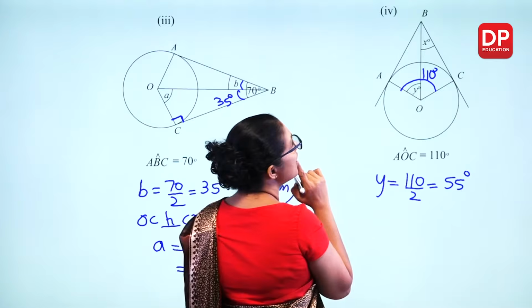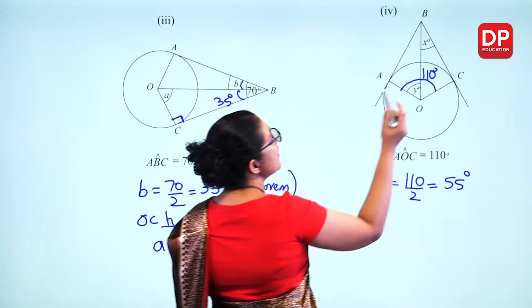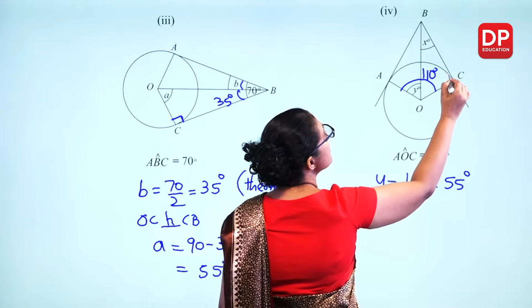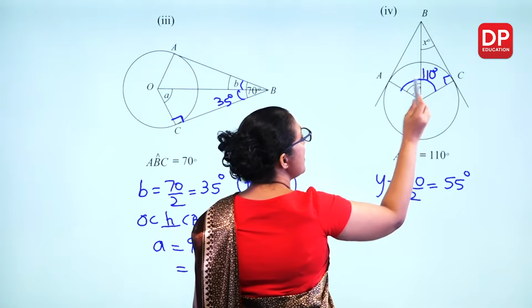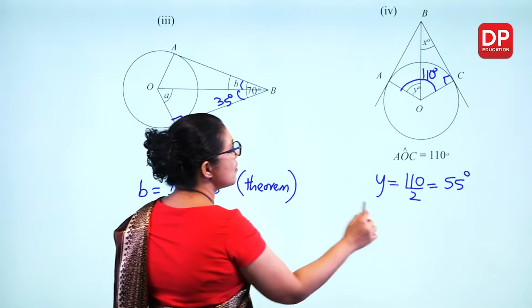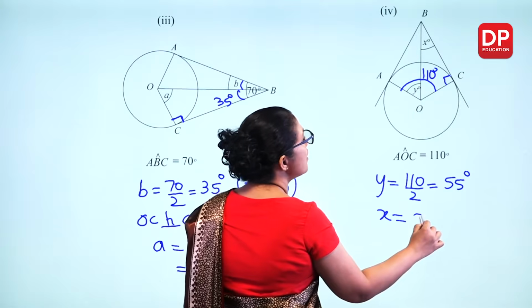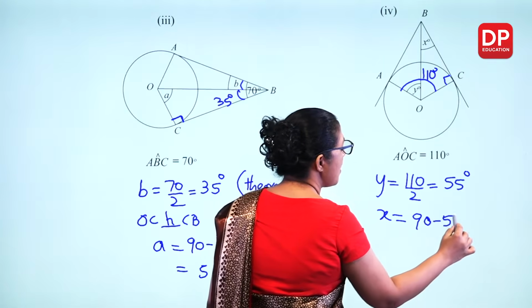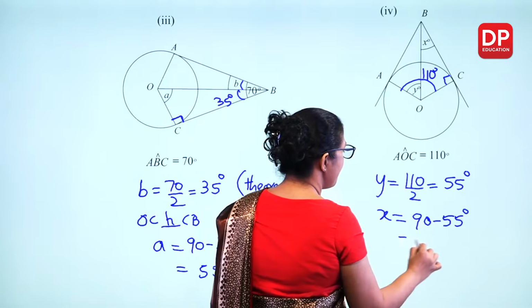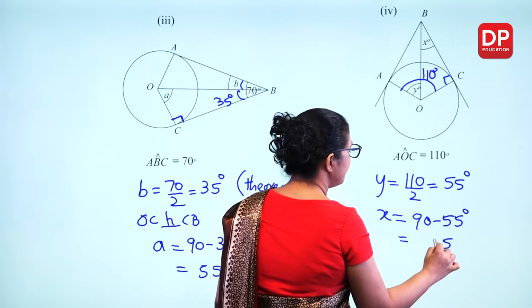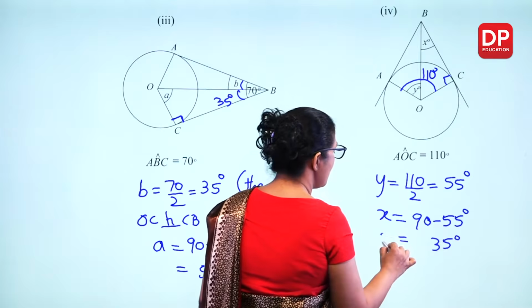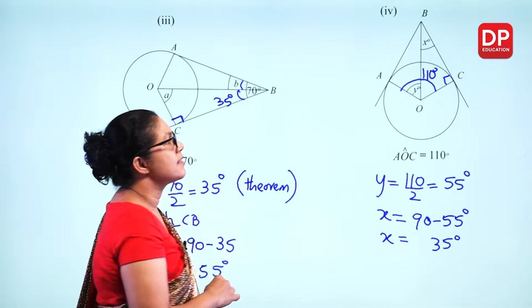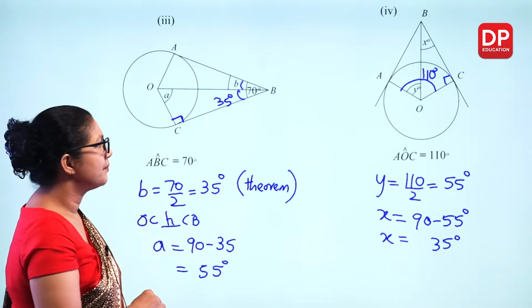And how can we find out the other angle here? This is x, so this is 90. One angle is 55, so x is equal to 90 minus 55. So you get x as 35 degrees.